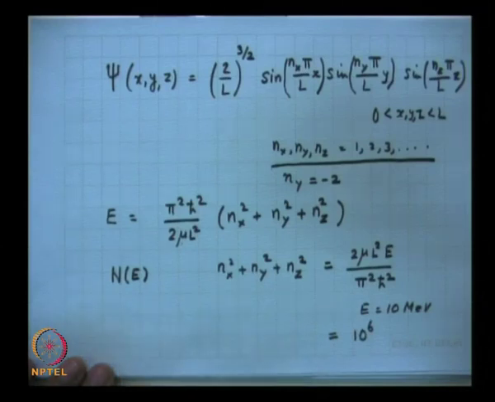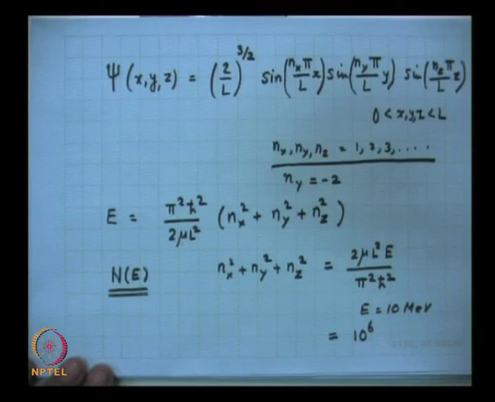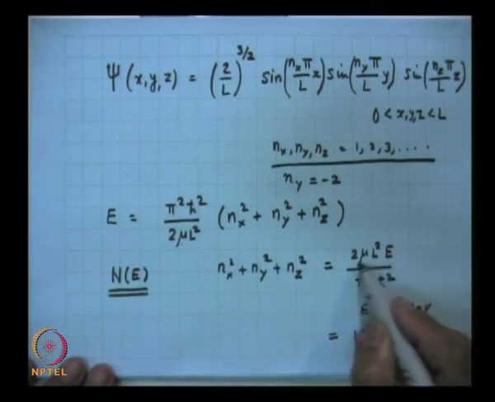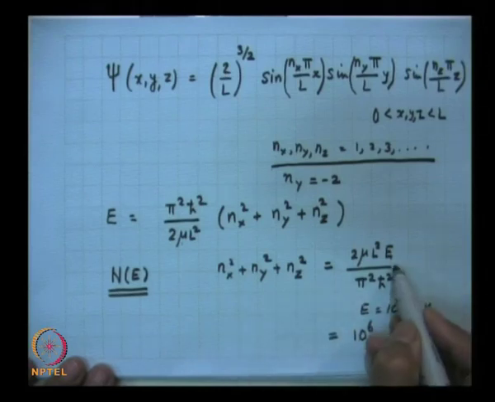So, there is a very easy geometric method to do that. So, let me restate the problem. The problem is I want to find out the total number of states whose energy is less than E. I take a fixed value of E, say 10 MeV, and I substitute in this expression and find the right hand side.